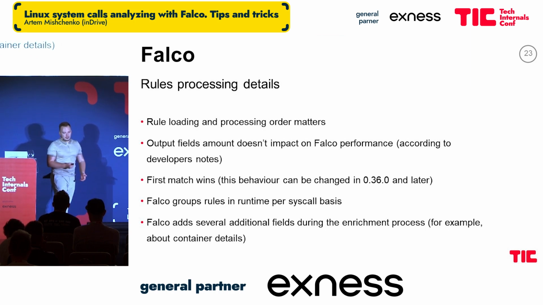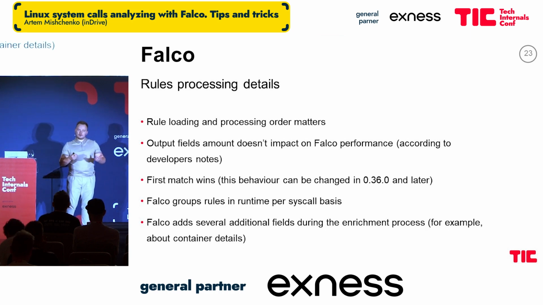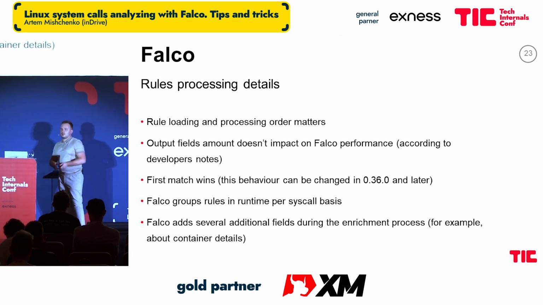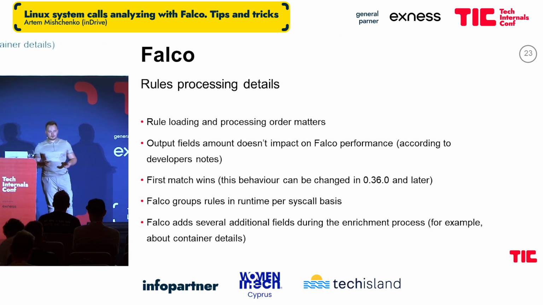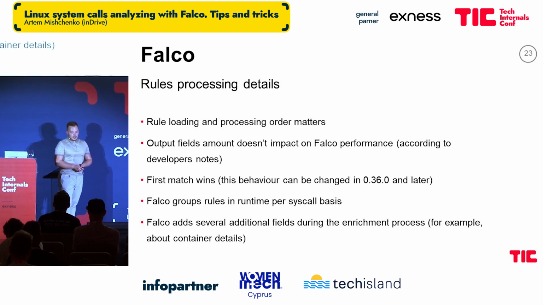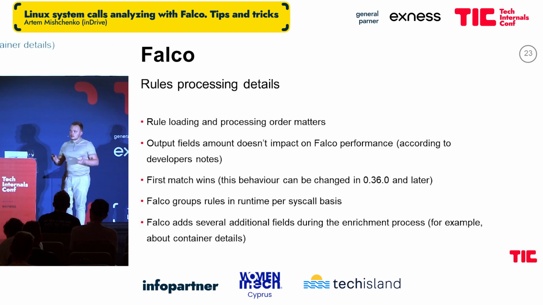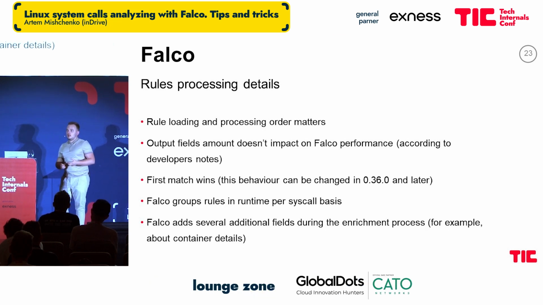It can be changed in version 0.36, so we can process an event from multiple rules, but we need to be careful with it because of the opportunity to create additional load, additional resource consumption on our servers. And an interesting part is that Falco groups rules based on syscalls. So if you have an event, Falco will not send it through all your rules.